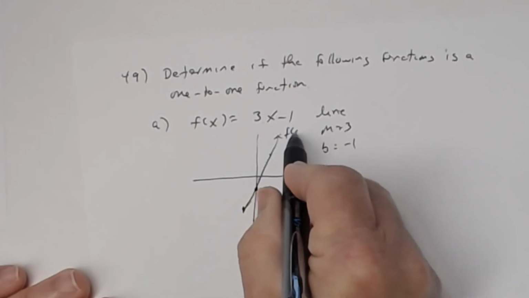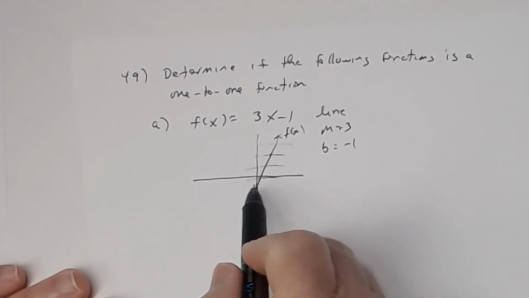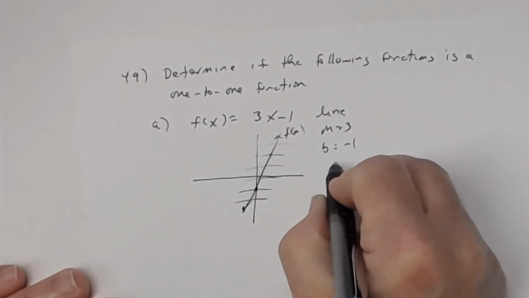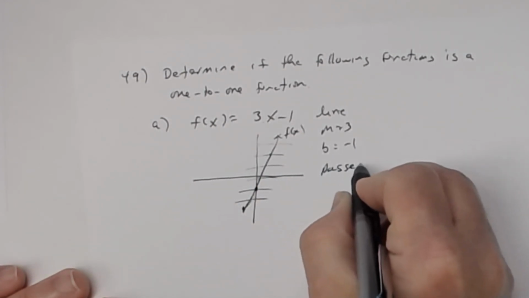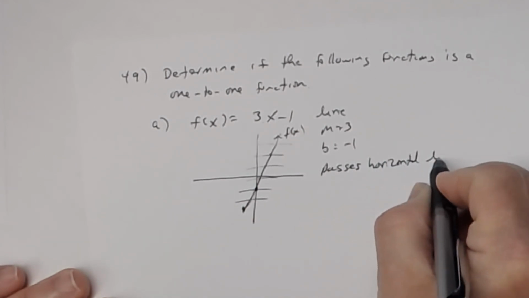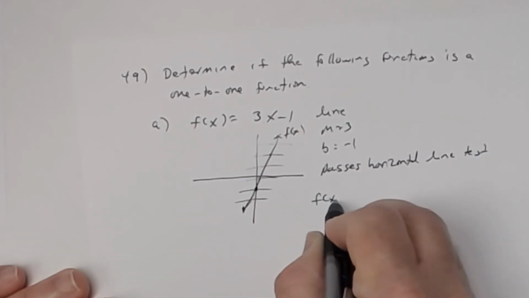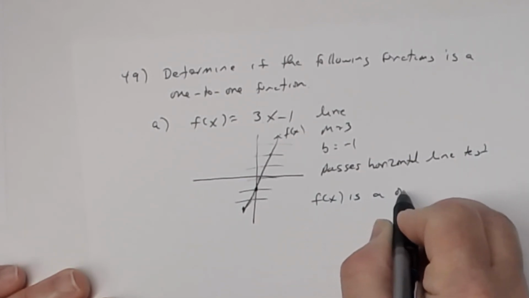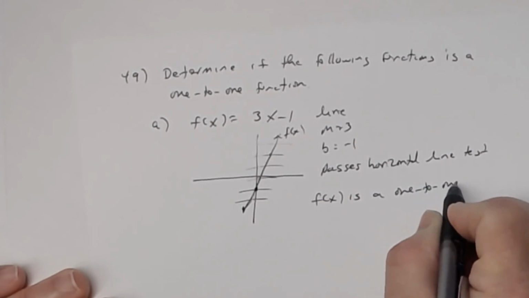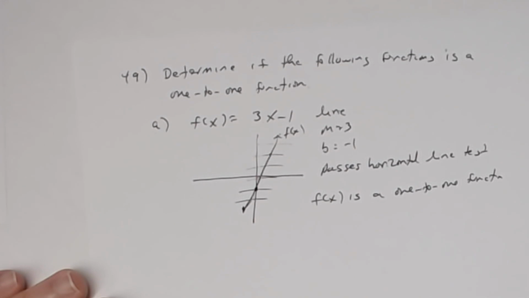So this is f of x. And notice that this line passes the horizontal line test. And so since it passes the horizontal line test, then we're going to say f of x is a one-to-one function. All right, so it's a one-to-one function.